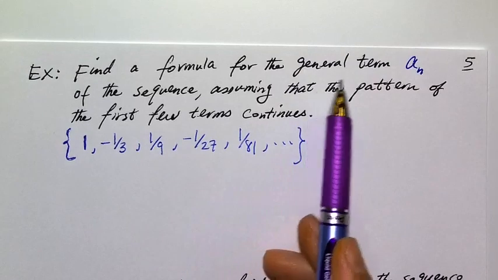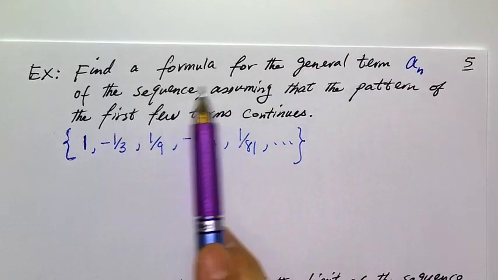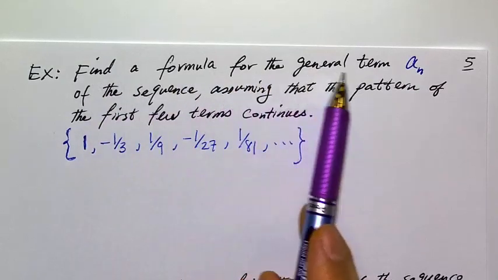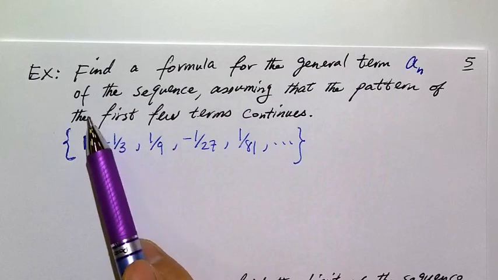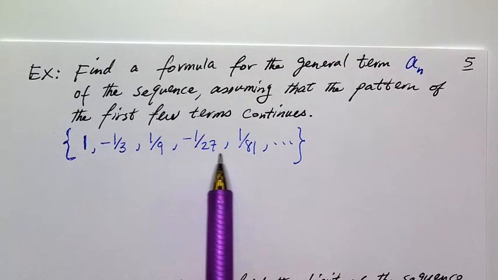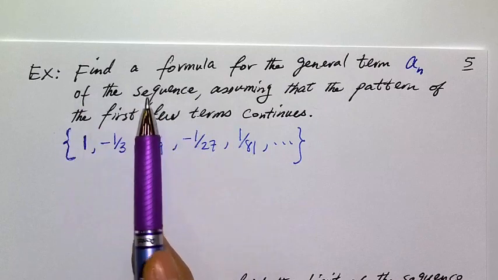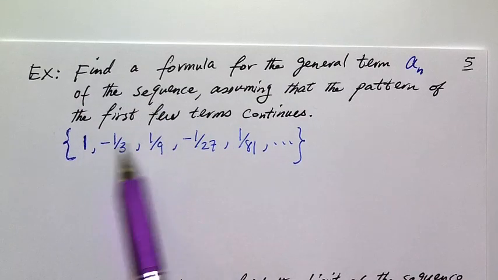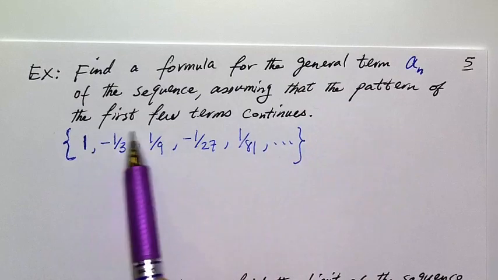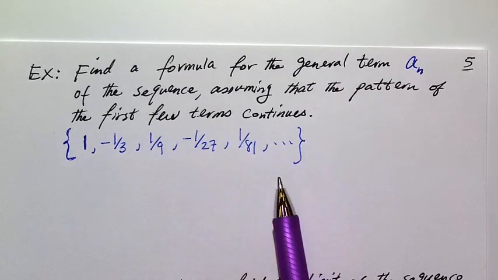So given this sequence, they want us to find a formula for the general term a sub n of the sequence. We are given a few members of the sequence, and we're asked to find the general formula for it, assuming that this pattern of the first few terms continues.